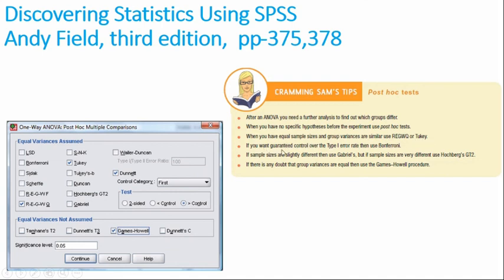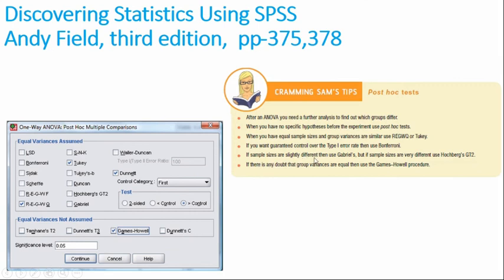If you want guaranteed control over the type 1 error rate, then use Bonferroni. We have discussed what a type 1 error is. When we perform multiple tests using Posthoc, we can control the type 1 error, and Bonferroni is the best option to control the type 1 error. Other tests also control the type 1 error.